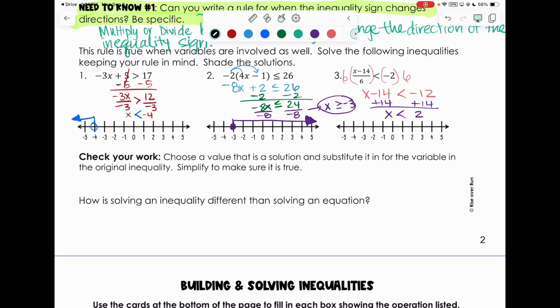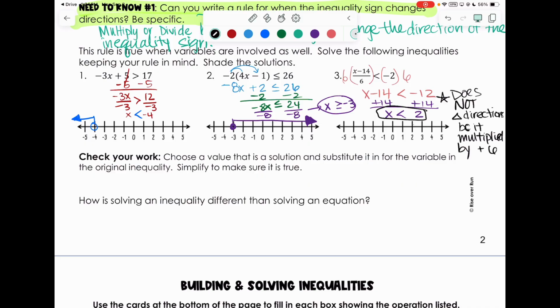Why not? This one does not change directions. Why? Because we multiplied by positive 6, not negative 6, right?